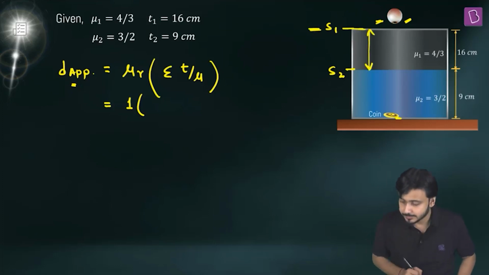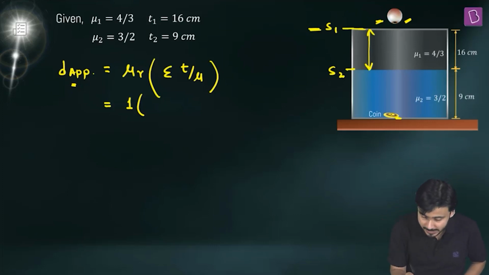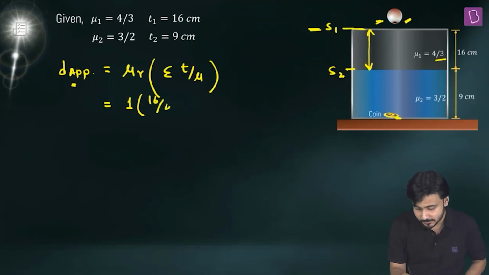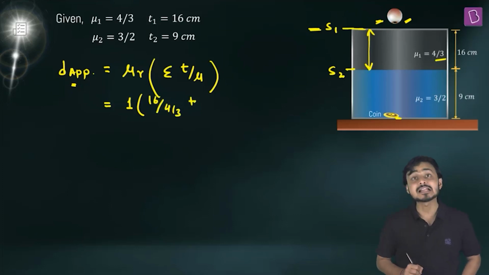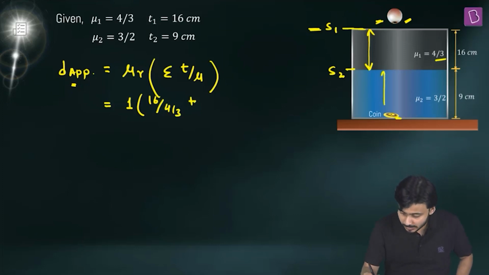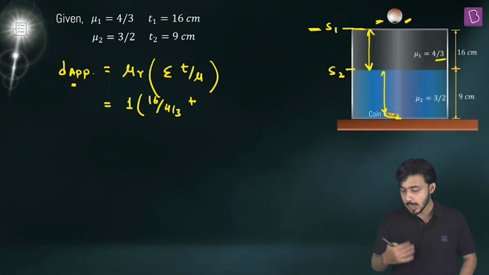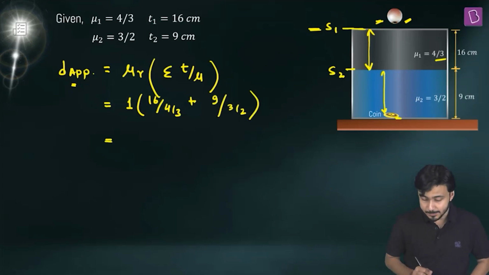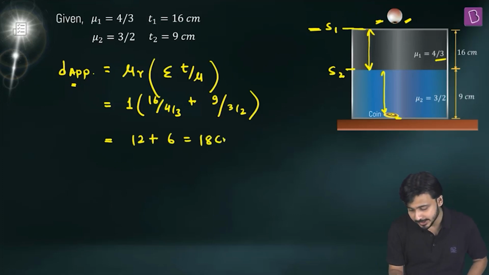This distance is 16, so it's 16 divided by mu, where mu is 4 by 3, plus I have to travel more to reach the coin. How much? 9 centimeter divided by 3 by 2. That becomes 12 plus 6, which is equal to 18 centimeter.